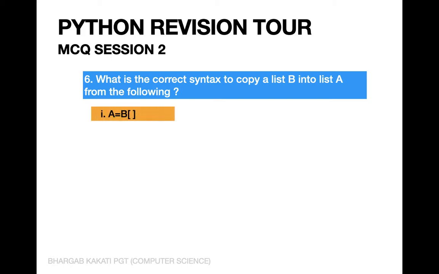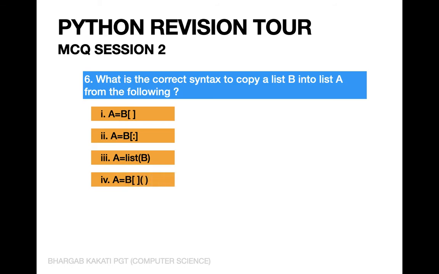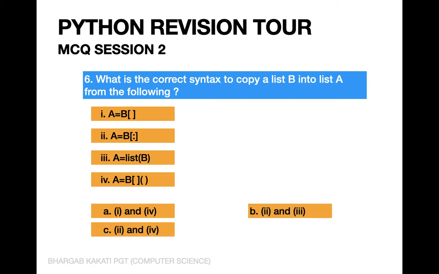A equals to B and empty list symbol. A equals to B is to symbol. A equals to list B and A equals to B, and whatever you are seeing here, the symbol of the third bracket and the symbol of the first bracket. And the options are number A 1 and 4, number B 2 and 3, number C 2 and 4, and number D 2 and 3. And the correct option is option B, that is 2 and 3.